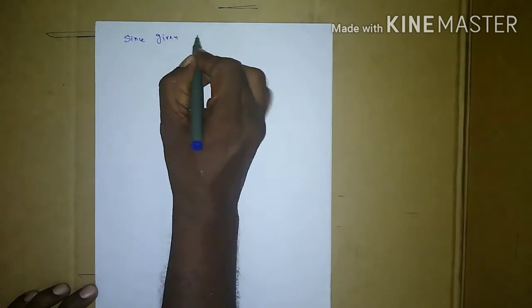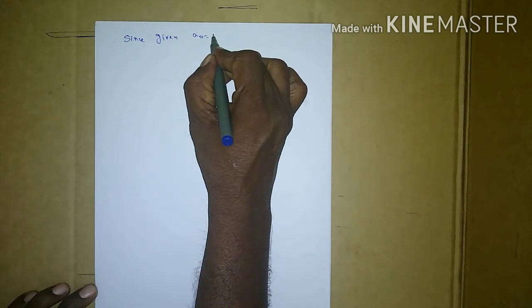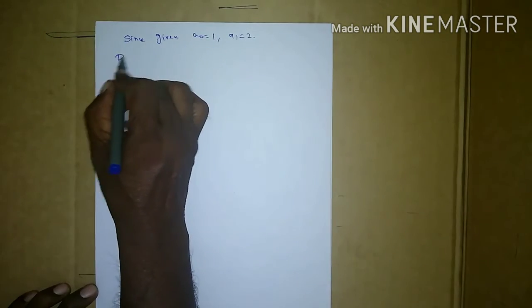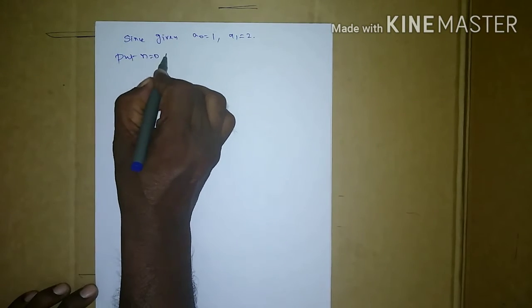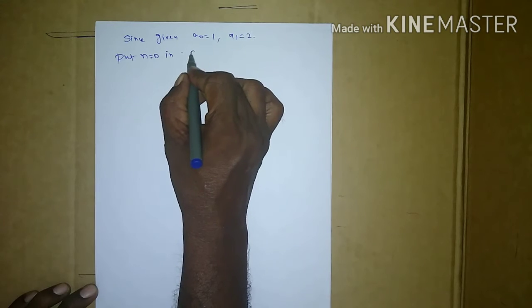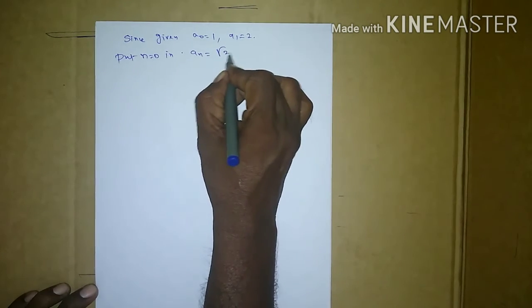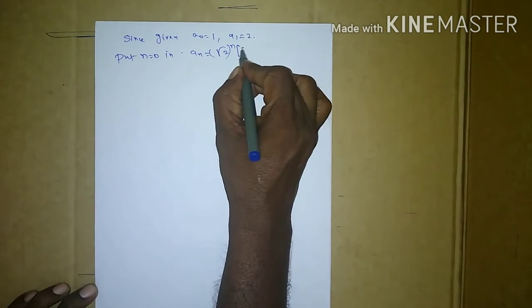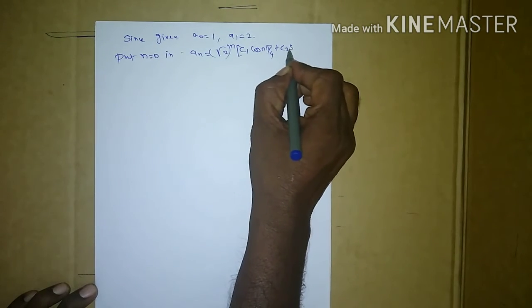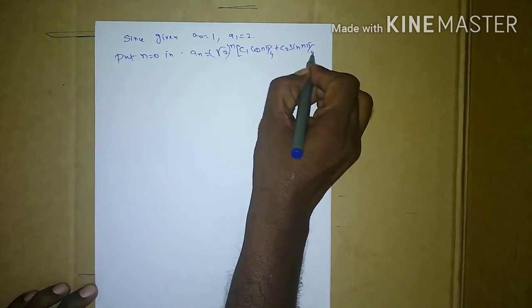Given A naught is equal to 1, A1 equal to 2. Therefore, put n equal to 0 in the solution. The solution is A n equal to root 2 power n into c1 cos n pi by 4 plus c2 sin n pi by 4.